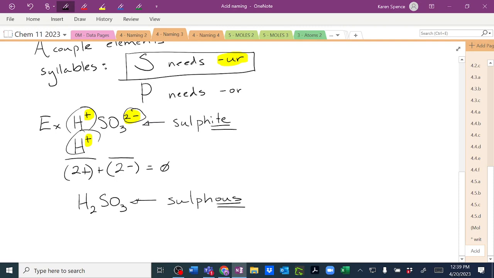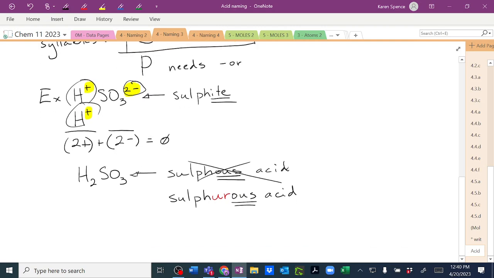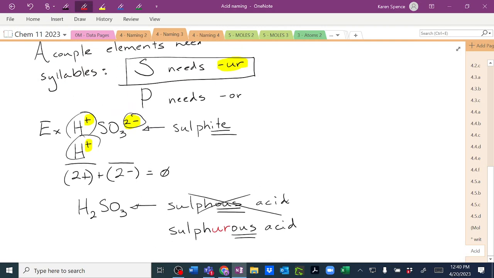So it's not going to be sulfous acid. It's going to be sulfurous acid. So we still have the ous because it was sulfite, but we need that extra ur because it's sulfur, and you just have to remember that. I'm sorry, it's just life's like that sometimes, okay?